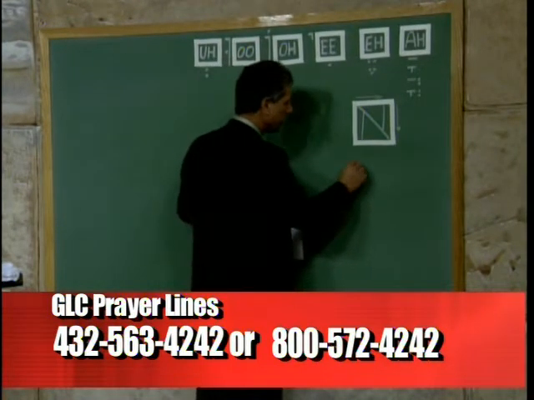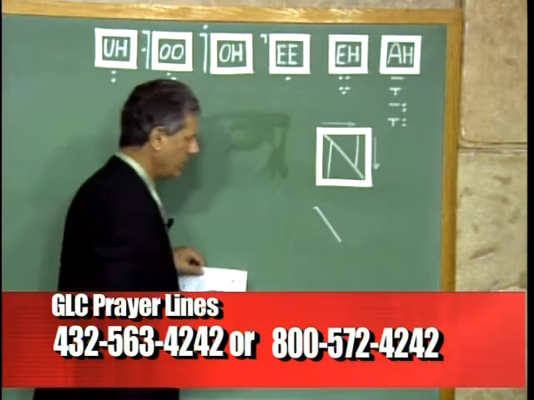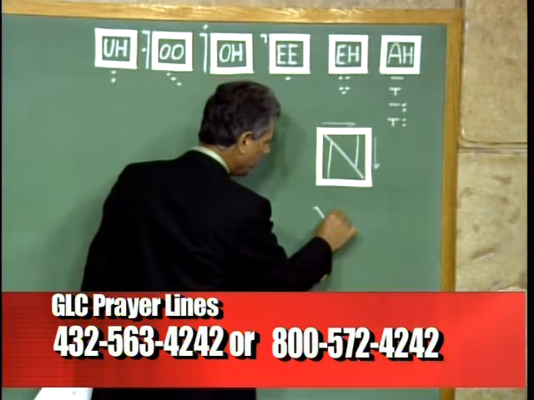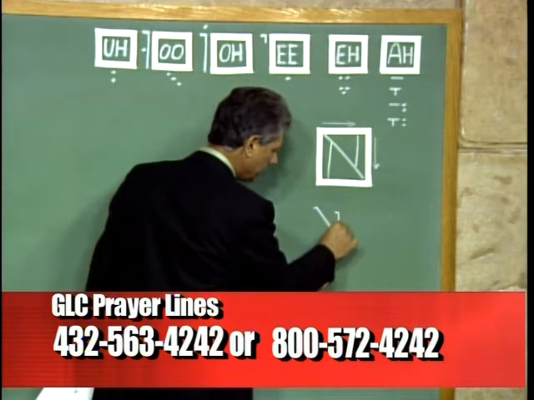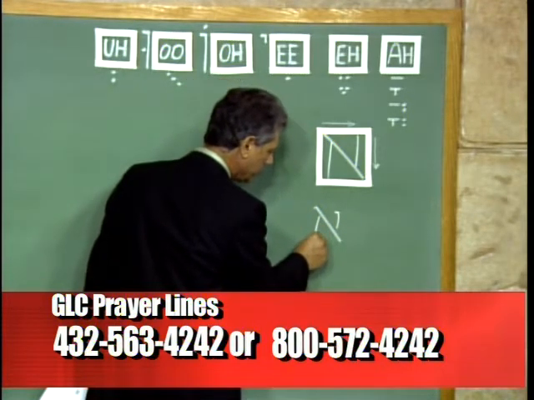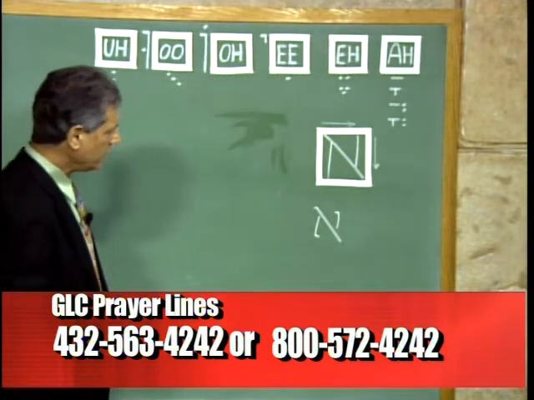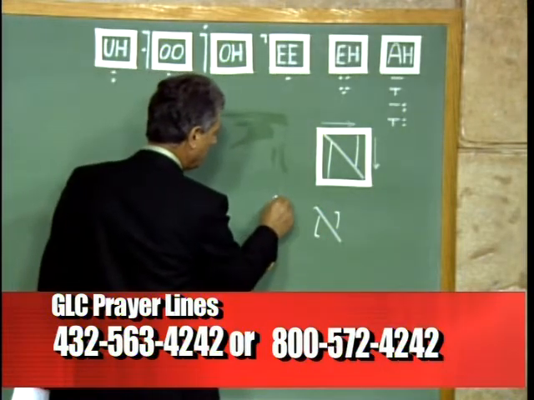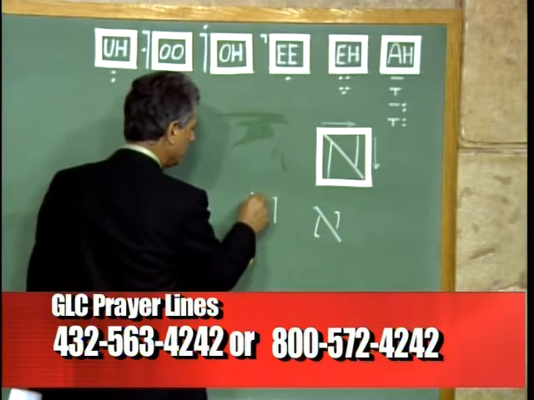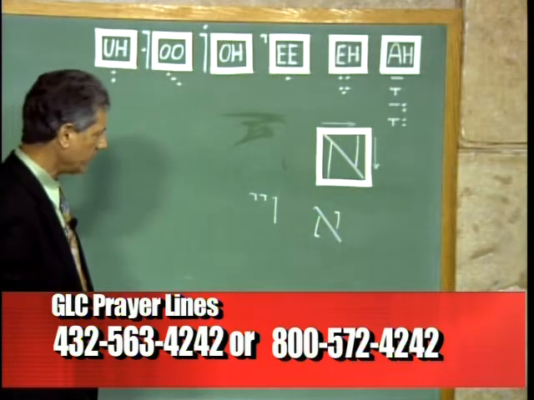So what you have is the letter Vav diagonally, and the letter Yud sitting on it, on top, and the letter Yud inverted, sitting on the bottom. So basically, you have the 6th letter of the alphabet, Vav, and 2 Yuds. The Yud is the 10th letter of the alphabet.